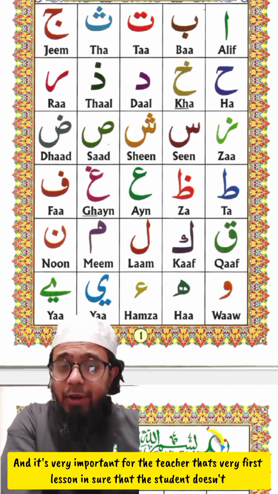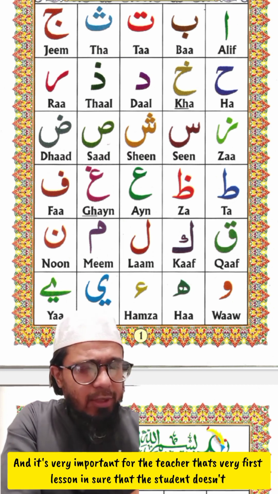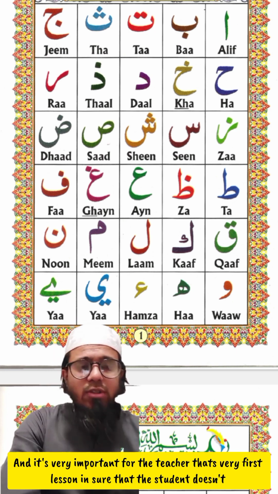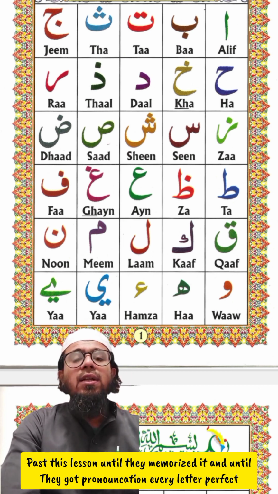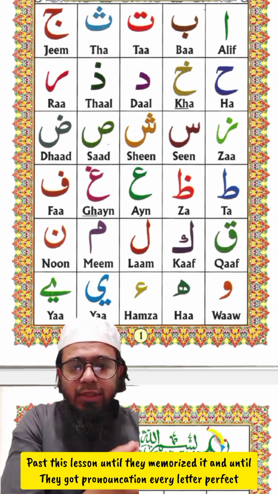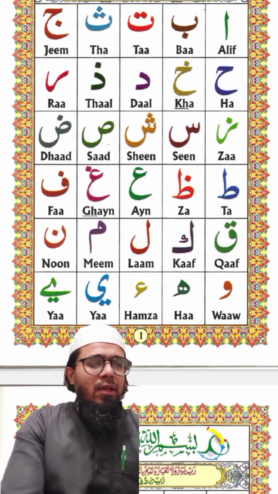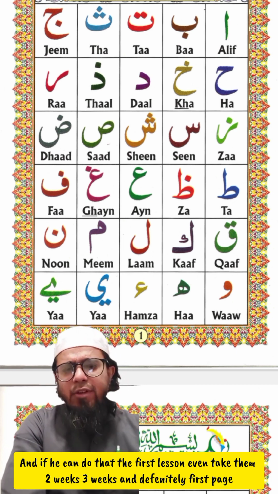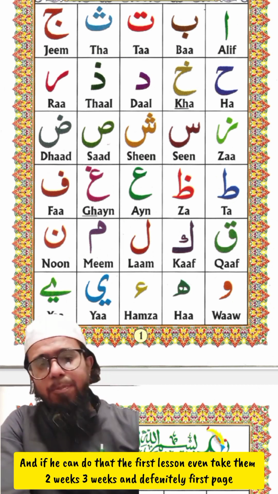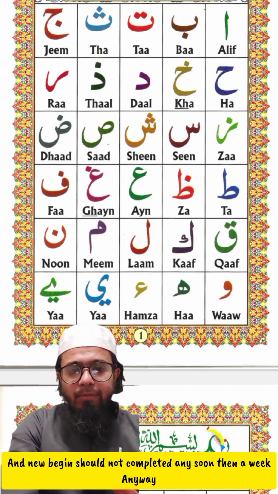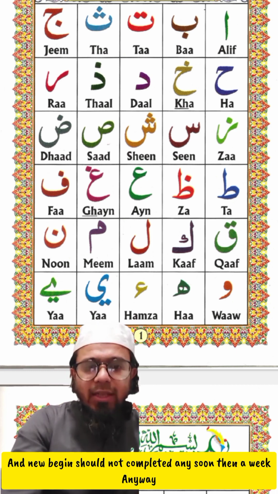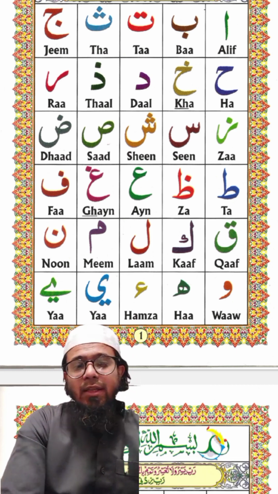And it's very important for the teacher that from the very first lesson they ensure the student does not pass this lesson until they've memorized it and until they've got the pronunciation of every letter perfect. Even if it takes them 2 weeks, 3 weeks, definitely for the first page, a new beginner should not complete it any sooner than a week, unless mashallah, they're very talented.